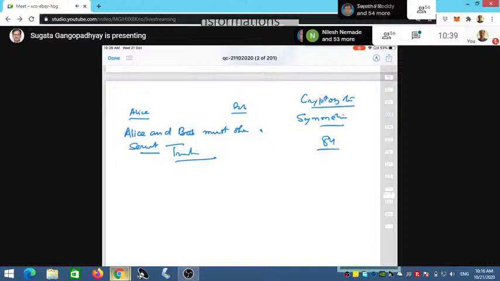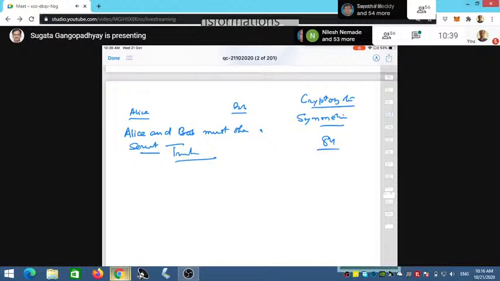All right, now Alice and Bob want to agree upon a secret key. They do not have any secure channel with them, but still they want to do that.